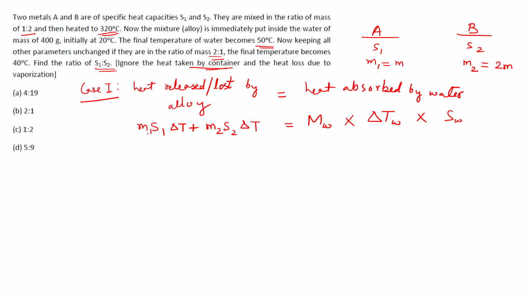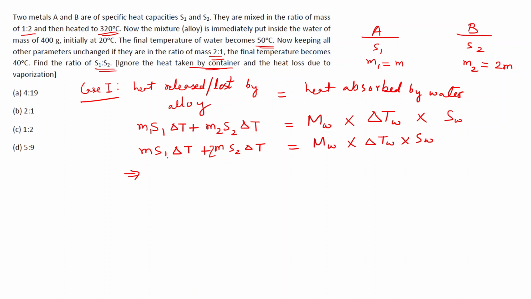So here M1 is m, S1 delta T plus M2 is 2 times M, S2 delta T, equals mass of water times delta T W times SW.